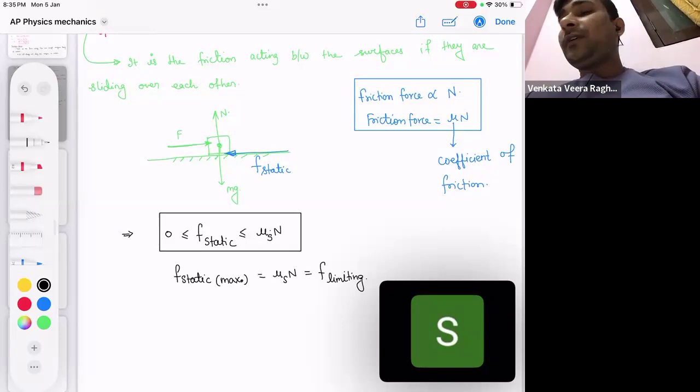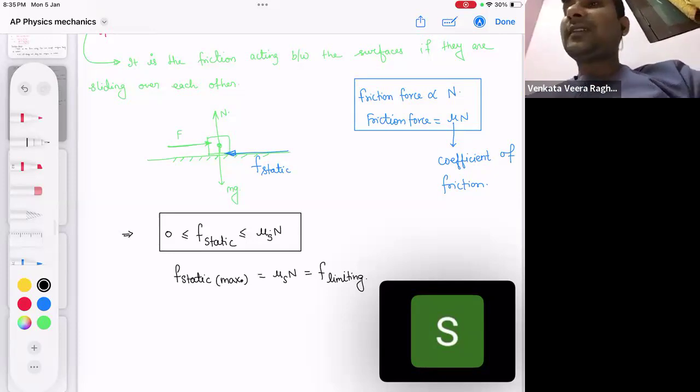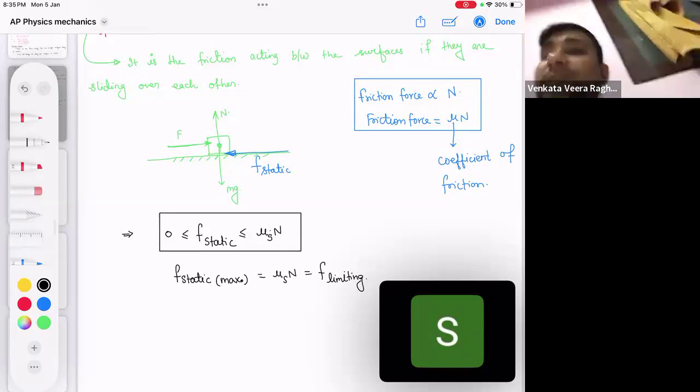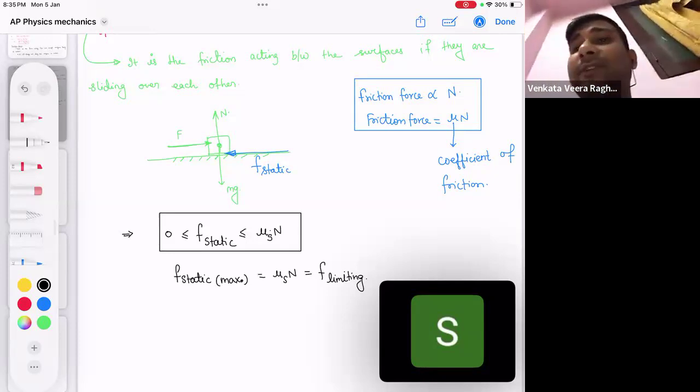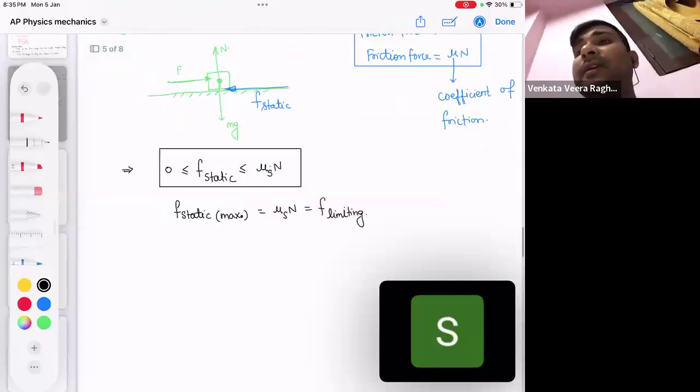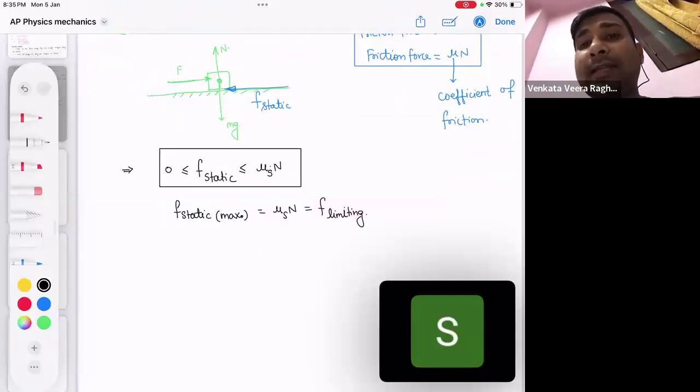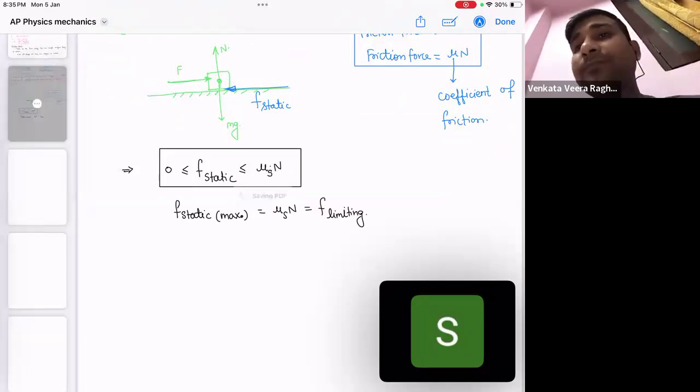Okay, so if it applied its maximum value and still the body is not able to stay at rest, then what will happen? The body will start sliding, and what kind of friction will be acting then? The friction will change its nature from static to kinetic. So what is the kinetic friction?